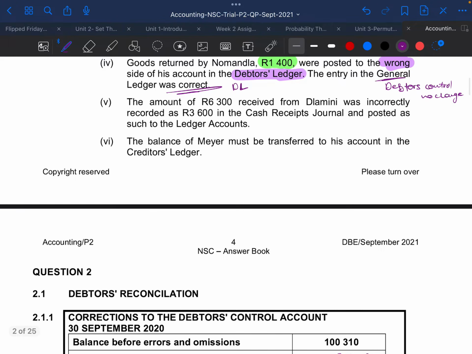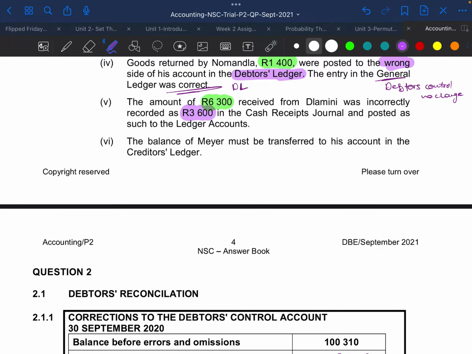And then the fifth one says the amount of 6,300 received from Lamini was incorrectly recorded as 3,600 in the cash receipts journal and posted as such to the ledger account. So when we received 6,300 from Lamini, we incorrectly recorded the 6,300 as 3,600 in the CRJ.